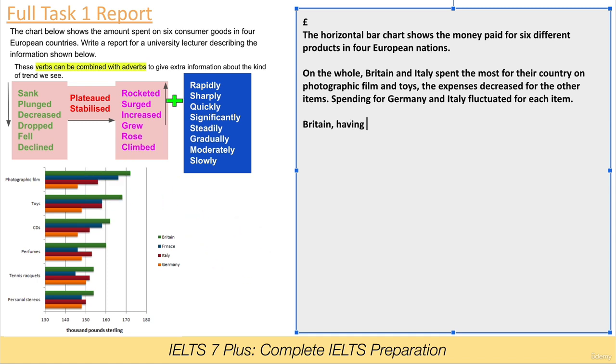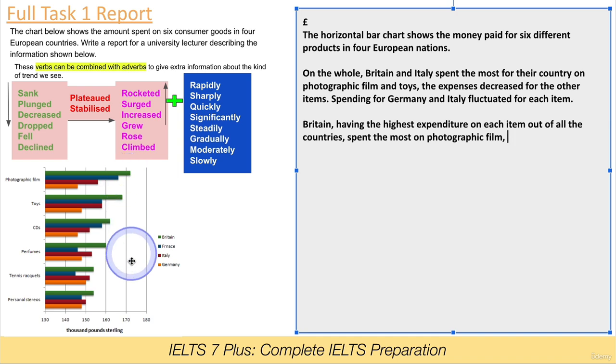So Britain having the highest expenditure on each item out of all the countries. Spent the most on photographic film. And then let's put in a number. So we're drawing the numbers from the chart now. Oh, 170 to 180, I'd say, 172,000 pounds. £1,000. There we go.